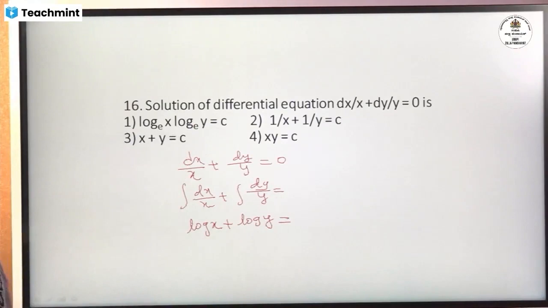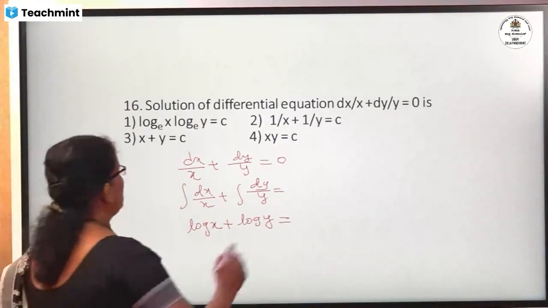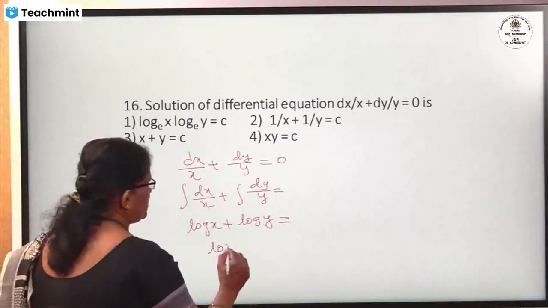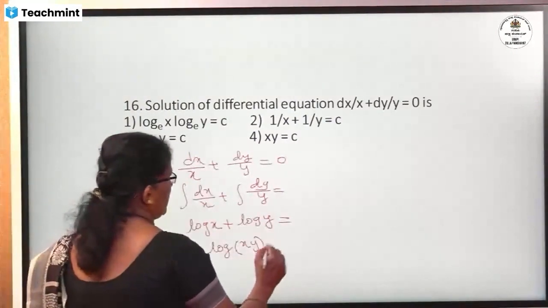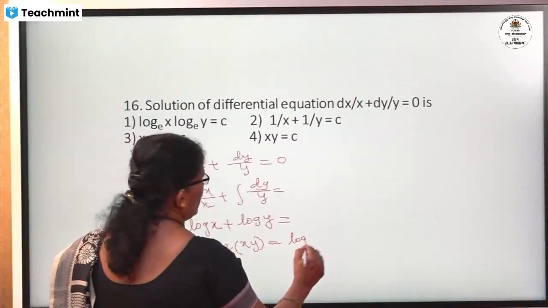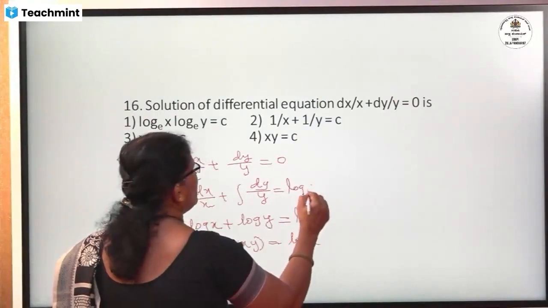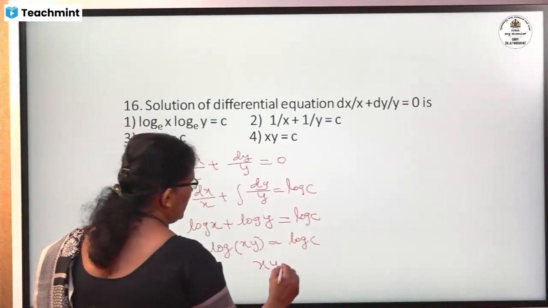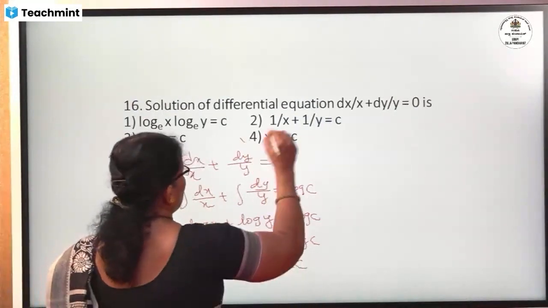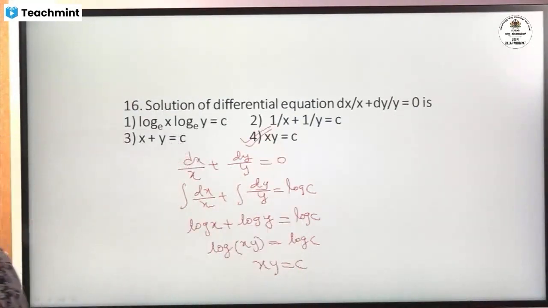Integral of 1 by x is log x, 1 by y is log y. So this is log of xy. So conveniently, I will choose the constant of integration to be log c. Dropping log on both sides, I get the solution as xy is equal to c.